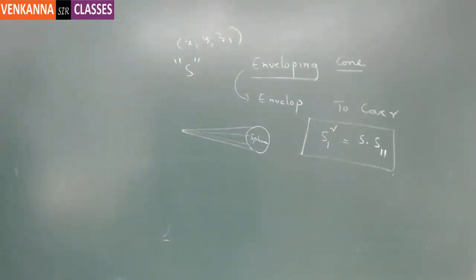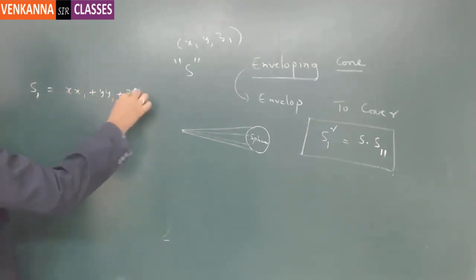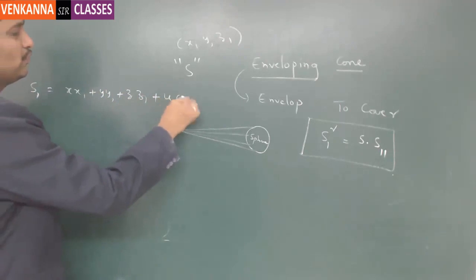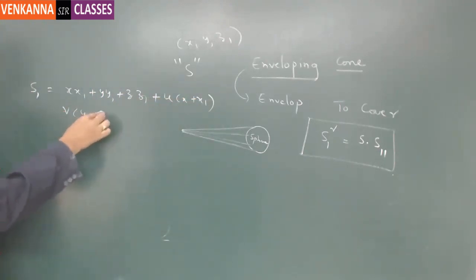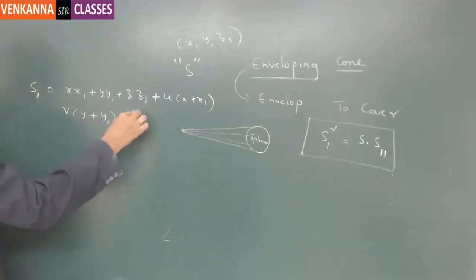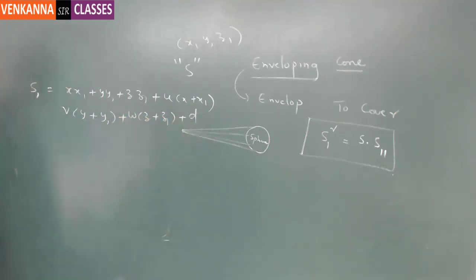And these notations are already known to you. However, I will write them one more time. S1 is xx1 plus yy1 plus zz1 plus u into (x plus x1) plus v into (y plus y1) plus w into (z plus z1) plus d.